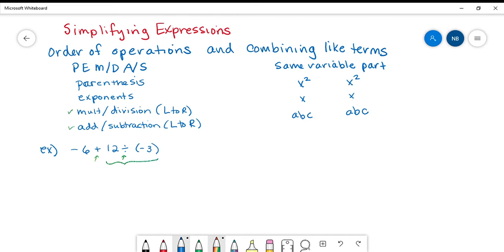So I get -6, and then I have to divide +12 by -3. 12 divided by -3 is -4, so I'm just going to write -4. -6 minus 4, so I'm already 6 in the hole, and I dig 4 feet deeper, so now I'm 10 feet in the hole, so that's equal to -10.